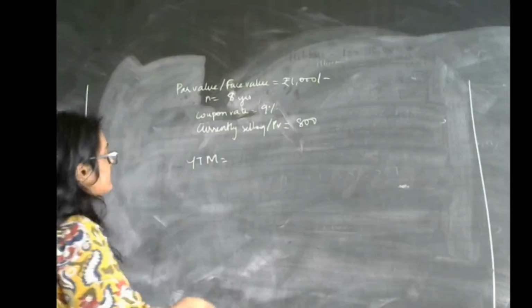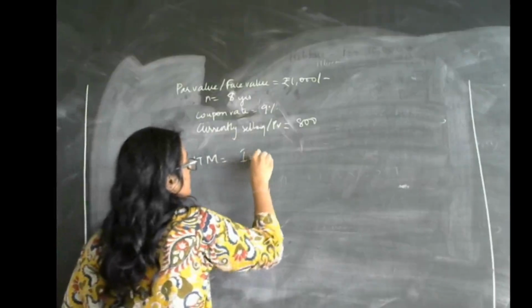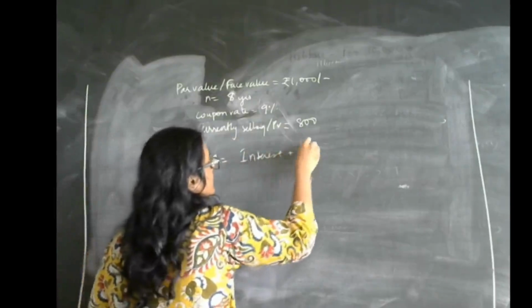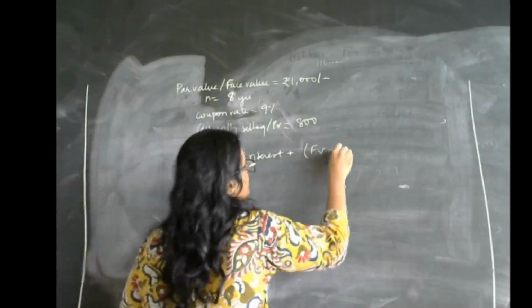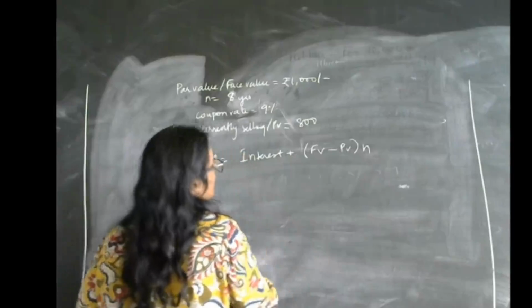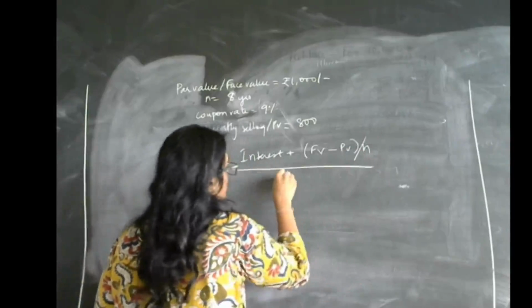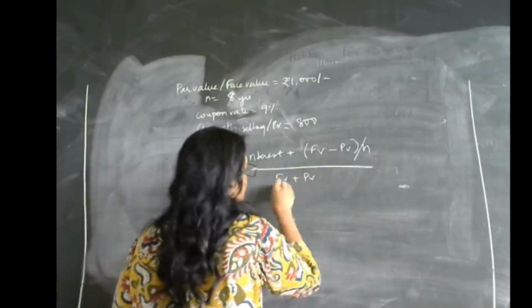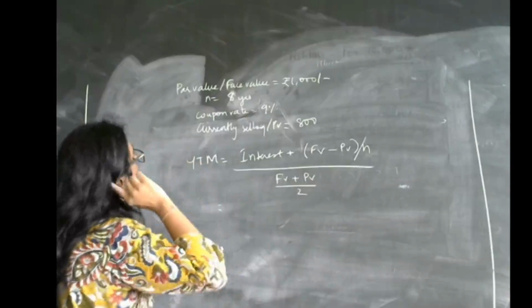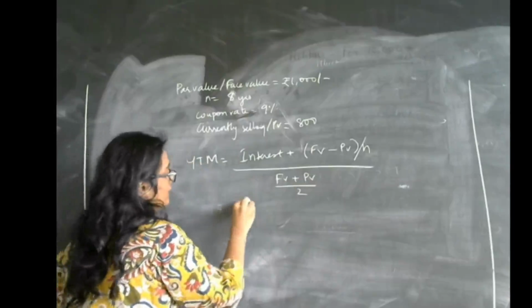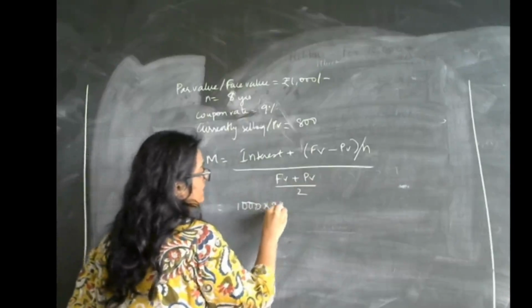So YTM is nothing but interest plus future value minus present value, the whole divided by N, divided by future value plus present value divided by 2. The interest is calculated on the face value at 9%.